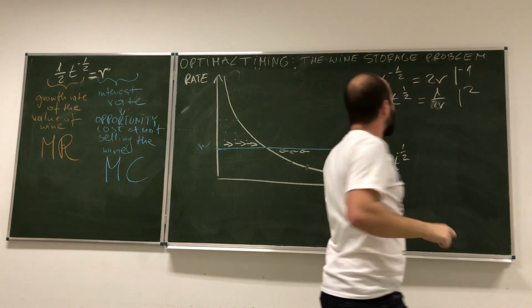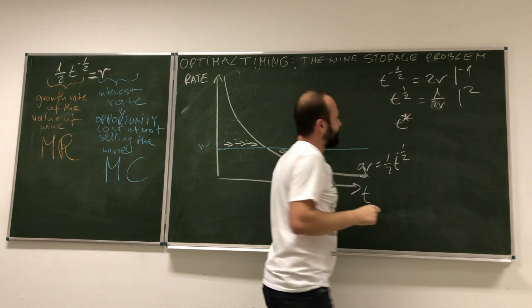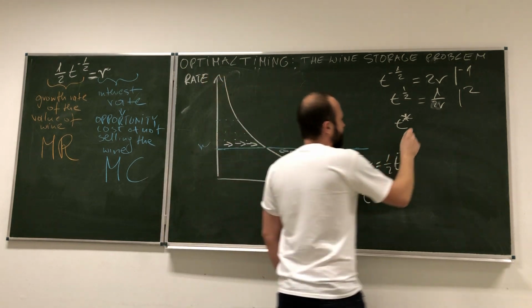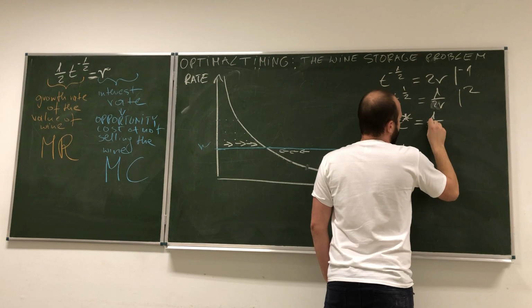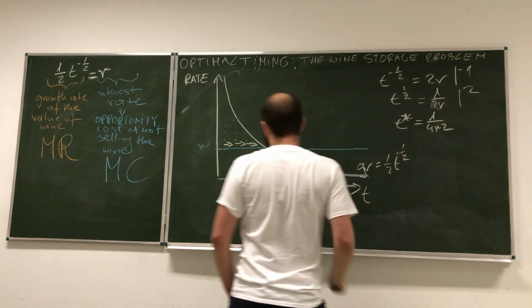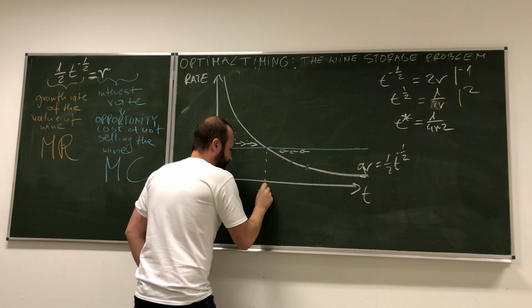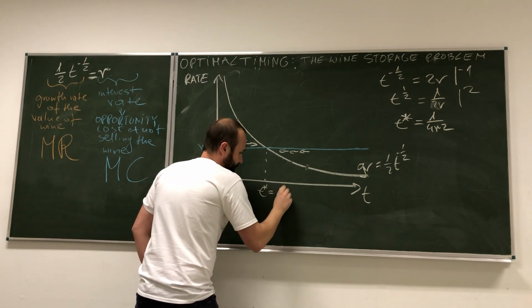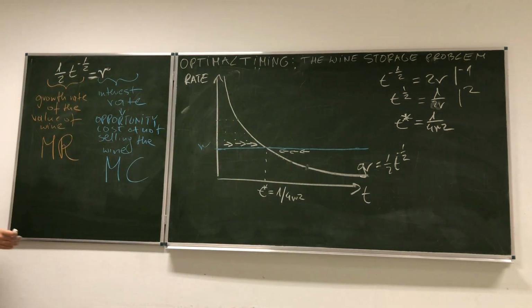Now, taking both sides to the power of 2, we get that the optimal time to sell the wine is 1 over 4r squared. And this is what we can put here on the graph. This is the optimal time to sell the wine.